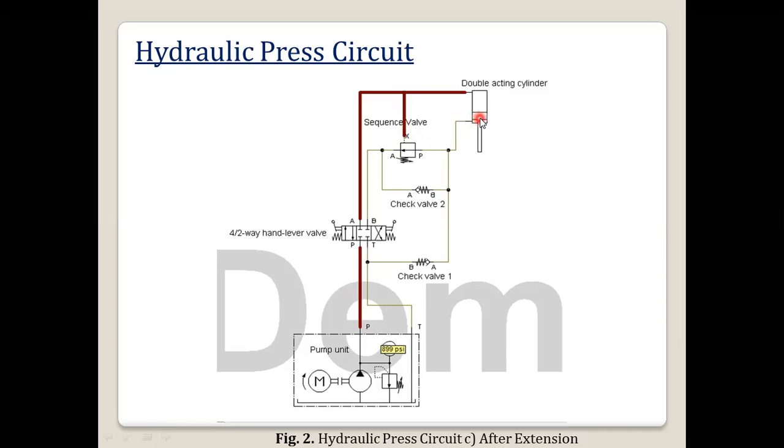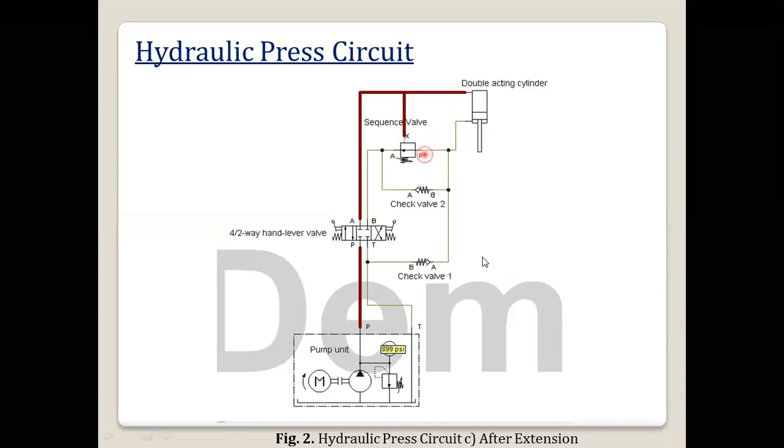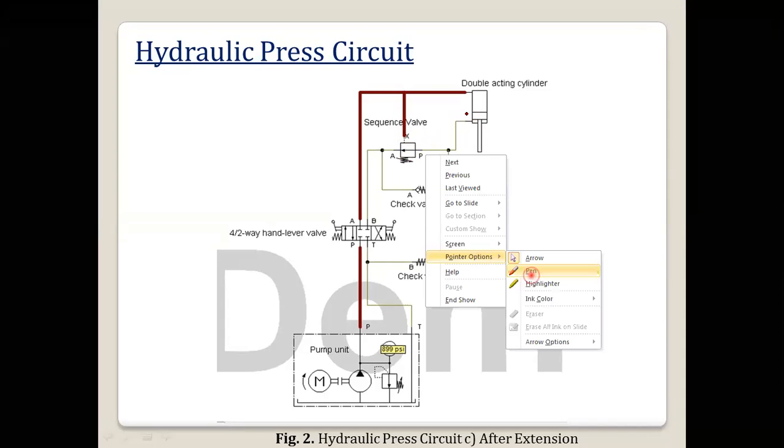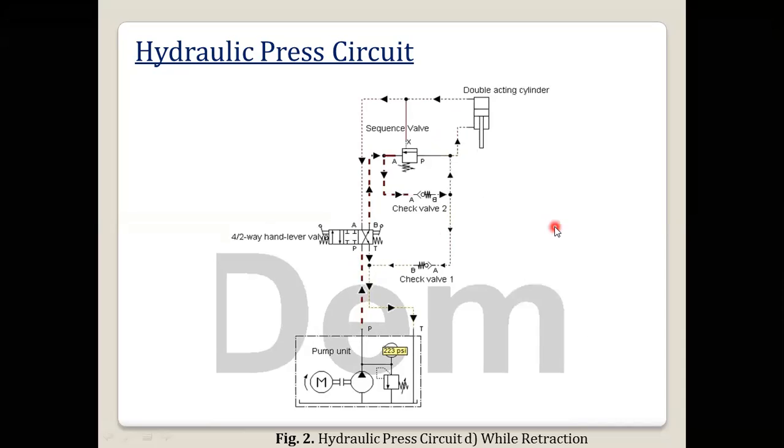If the pressure increases further, the sequence valve will open. Then oil from the rod side will go through the sequence valve, and the oil will also be flowing through check valve 1.